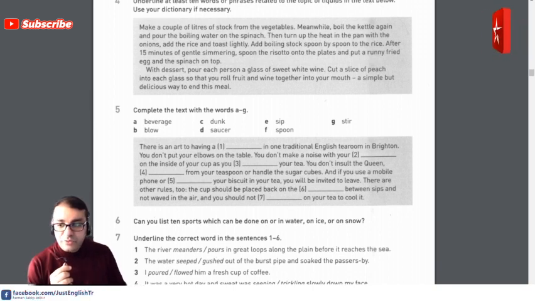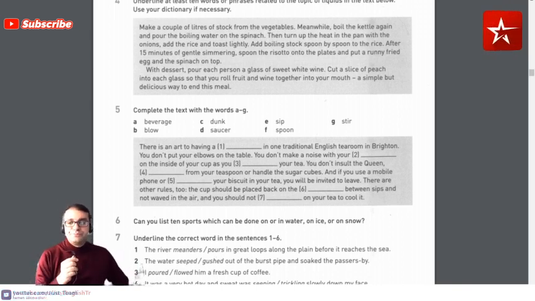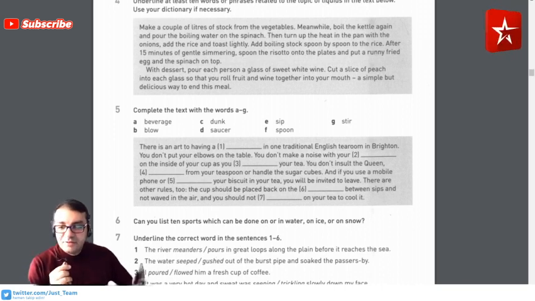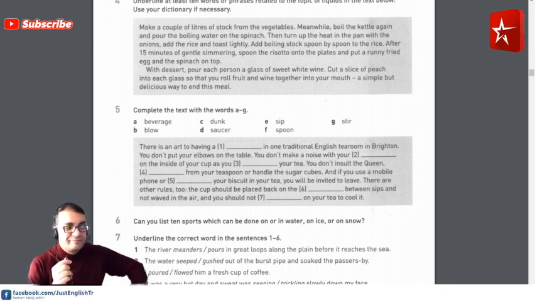What is number 3? No, Naveen, not SIP. Not E, not typhoon, no. What is number 3? Not E. What do you think?